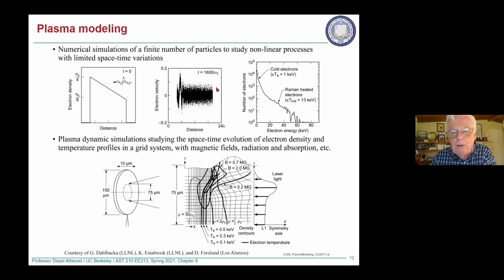So these are two different kinds of simulations which are used, and they're extremely valuable. This one is good for understanding particular processes like the stimulated Raman scattering. This one is extremely valuable when you're doing experiments, because you may be probing a plasma to find out the electron density and temperature, but you have such sharp gradients in electron density, and this evolves in time very rapidly.